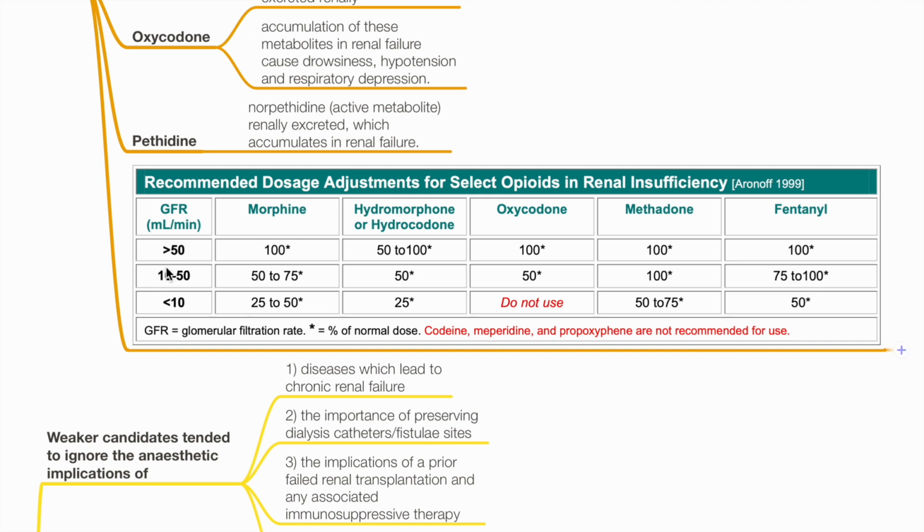If GFR is less than 10 mL per minute, morphine dose should be 25 to 50% of normal dose, hydrocodone 25% of normal dose, avoid oxycodone, methadone 50 to 75% normal dose, fentanyl 50% normal dose.